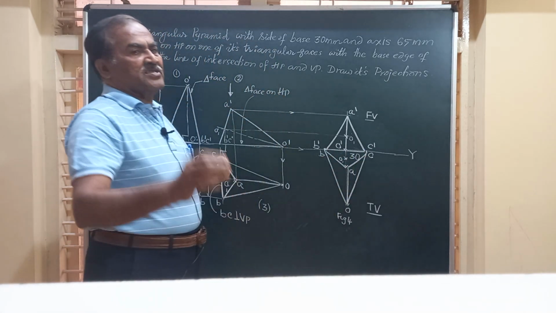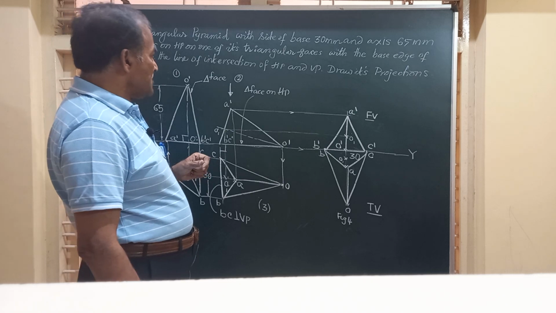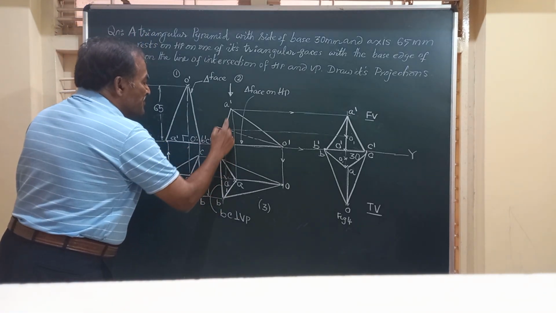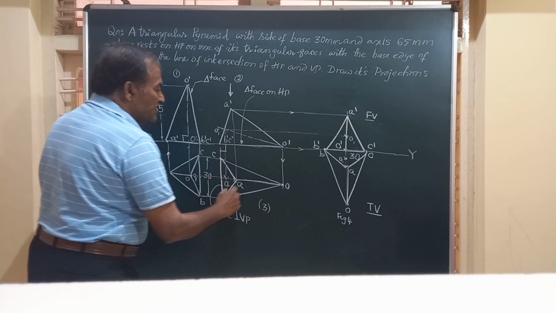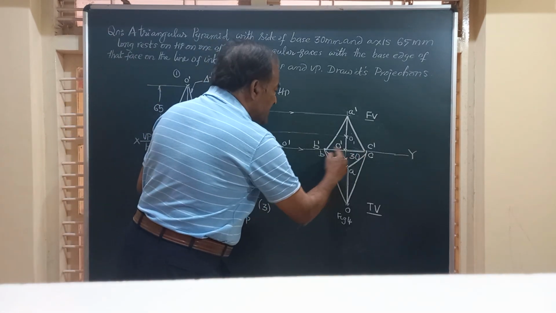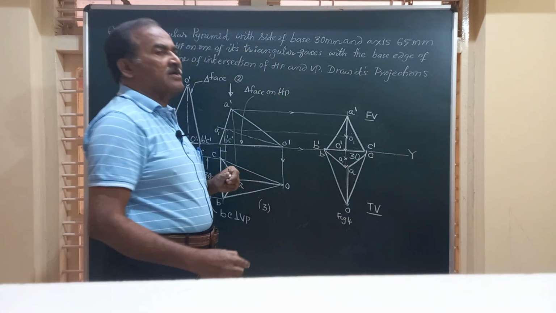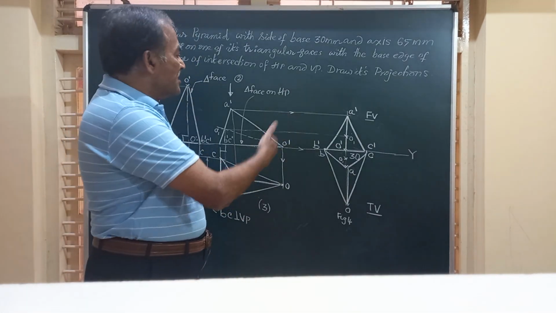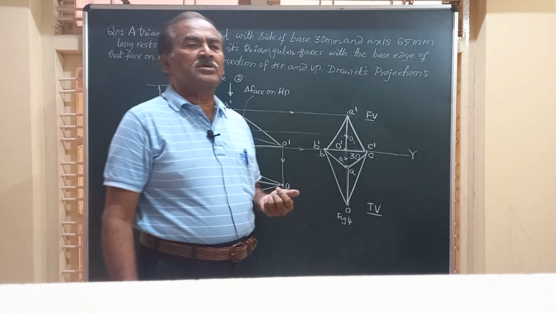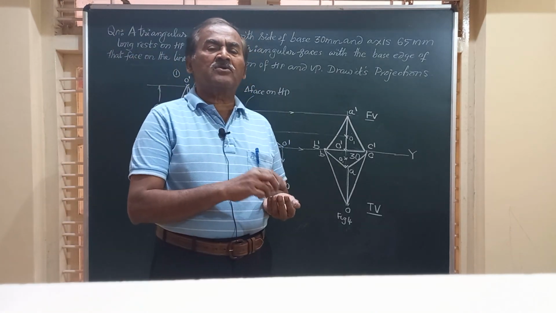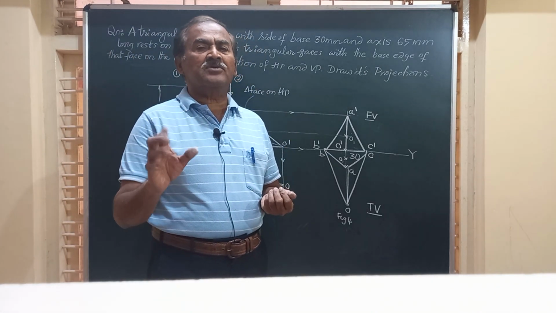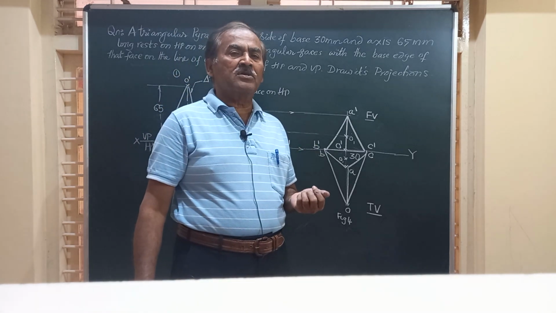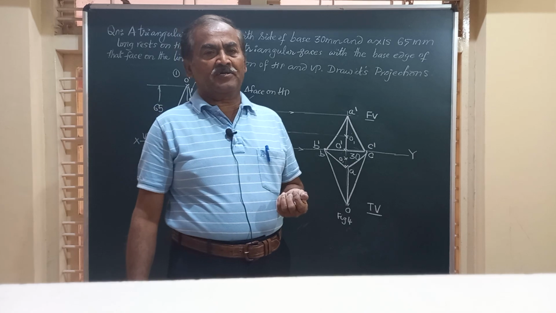And the shorter edge of that base is BC. That BC is here, and the same BC is here. It is on the line of intersection of HP and VP. Hence, friends, this solution satisfies all the requirements stated in the question. Hence, the solution we have got is totally correct.